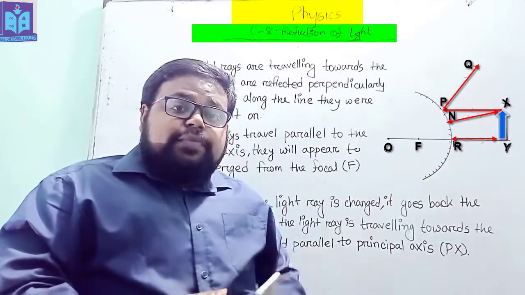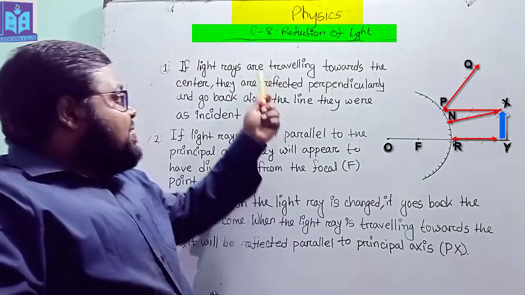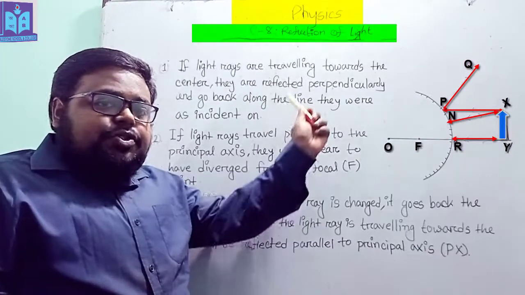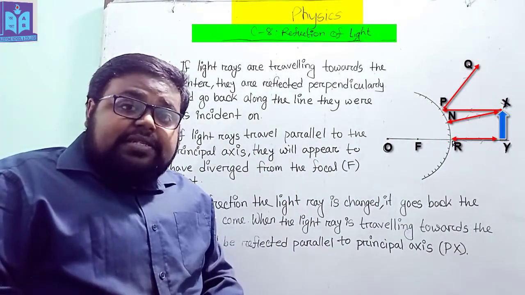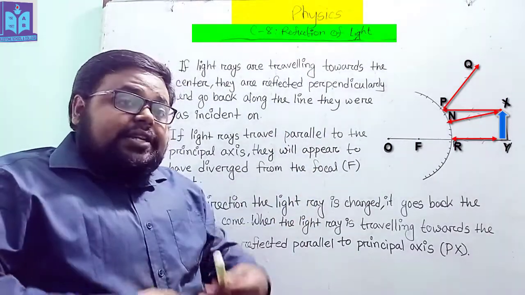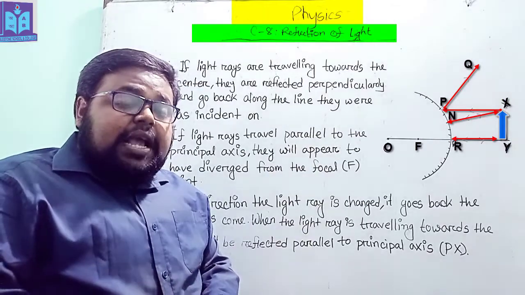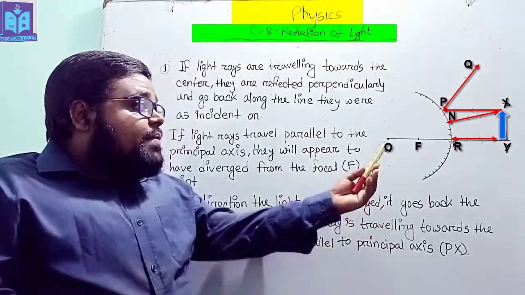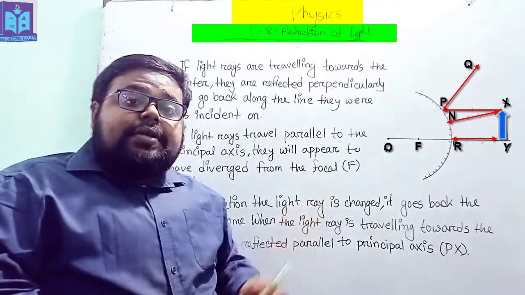Here you can see that I have already written these 3 rules. At first I will read these 3 rules and then I will describe all of them, and I will show you how the image will form based on these 3 rules.